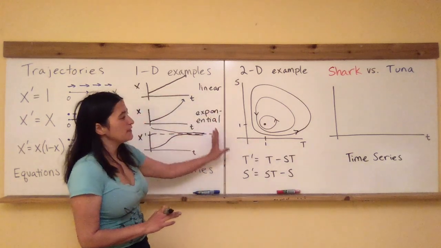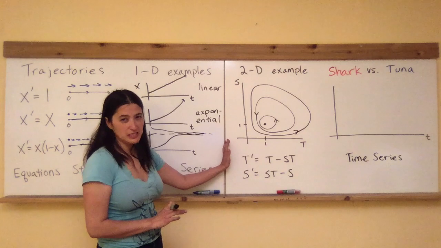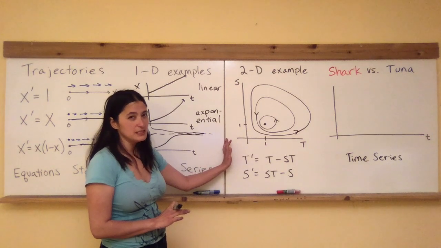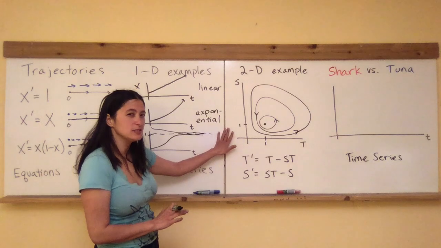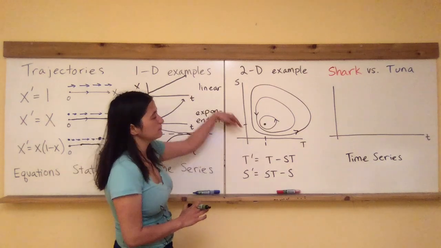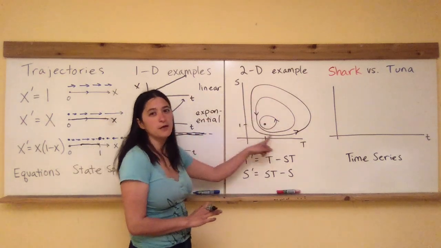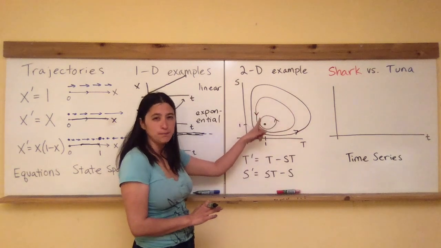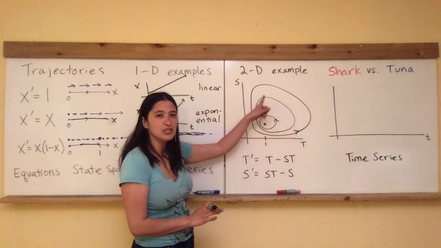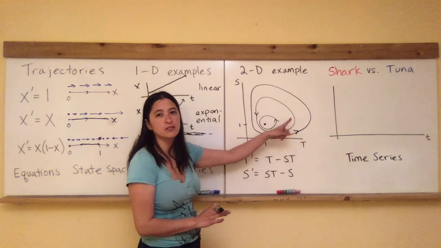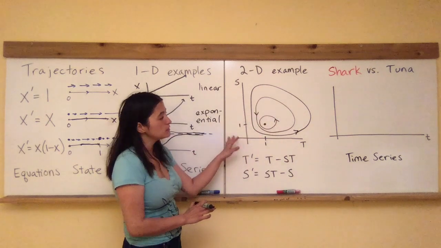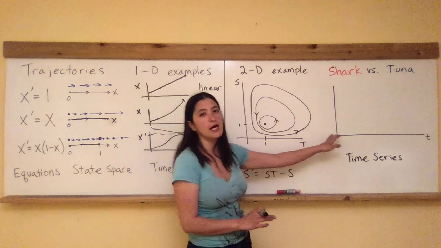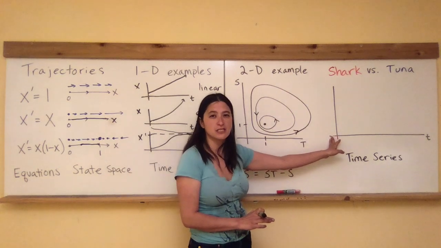Okay, so that's the idea of trajectories in the state space, but really the biggest idea here is how do we go from state space, where trajectories are kind of tracing themselves out, and time is an implicit parameter. Time is just seen by the action of my finger here rotating counterclockwise. It's not explicitly graphed. How do we go from that and pull out an actual time series?